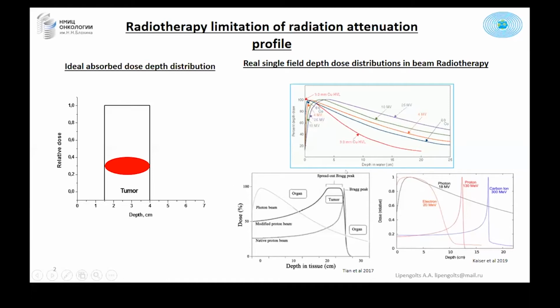However, if we take a look at the depth dose distribution of photon radiation, which is mostly used for radiotherapy, you can see that its shape is far away from the ideal one. It has a maximum near the surface and a shallow decrease with depth.